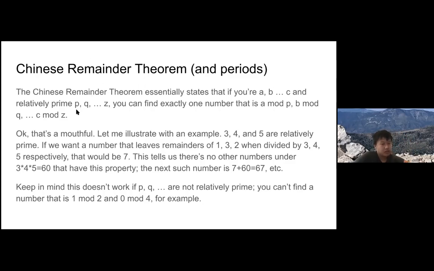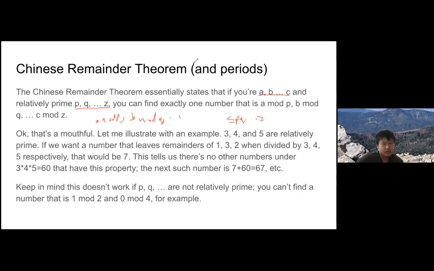Let's say you have a bunch of relatively prime numbers, P through Z, and you have a bunch of A through C. Then you can find exactly one number that is equivalent to A mod P, B mod Q, etc. that is less than or equal to the product of all of these.